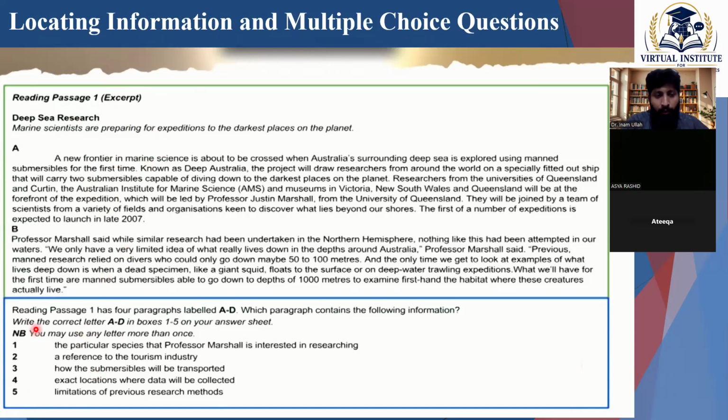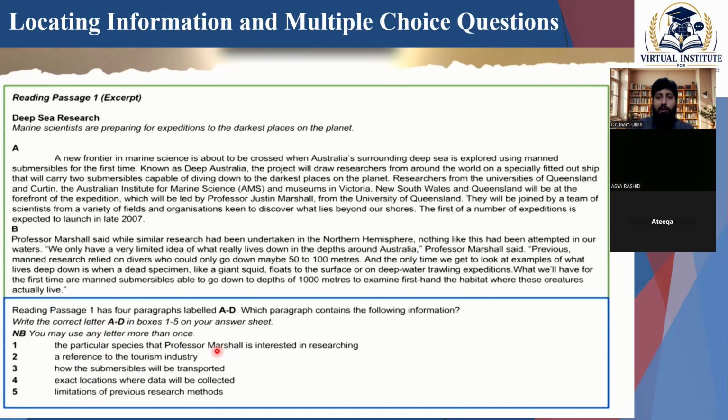It says that reading passage one has four paragraphs. Only two are given there, but it has four paragraphs labeled A to D. Which paragraph contains the following information? So we have been given these five options, and we are asked which paragraph contains these sentences, right?